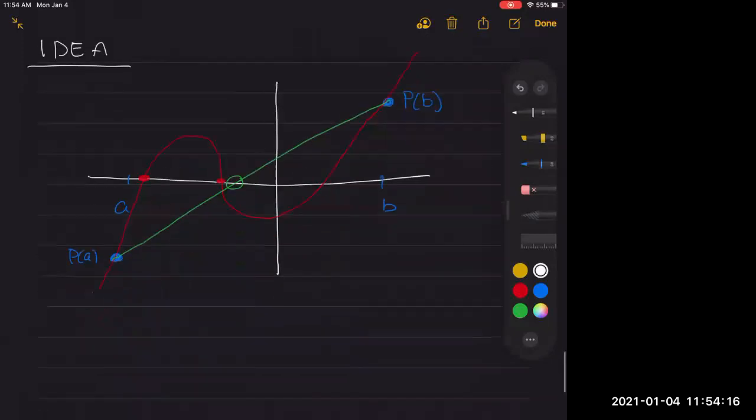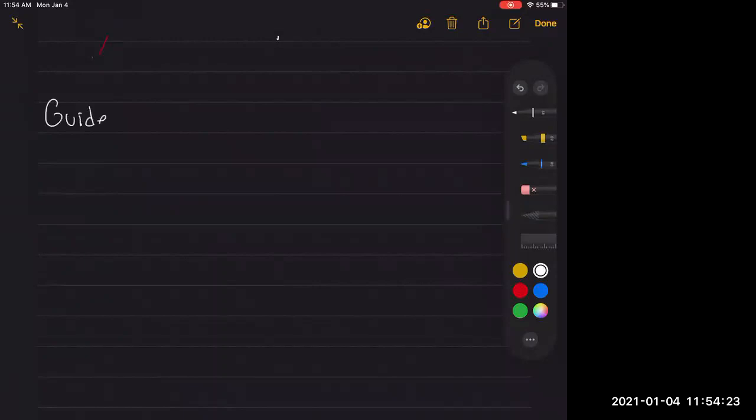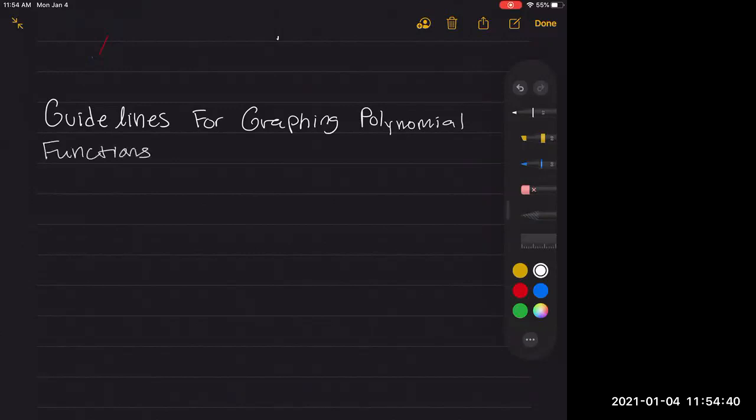All right, so now we're going to go through some guidelines for graphing polynomial functions. All right, so there's going to be 4 steps that I think are the most important when going through graphing a function.